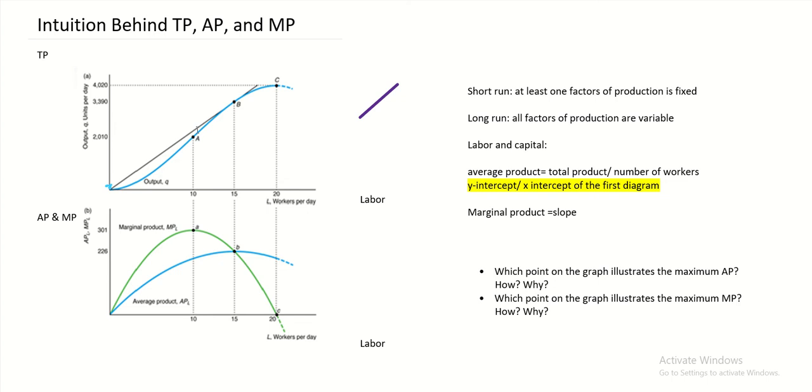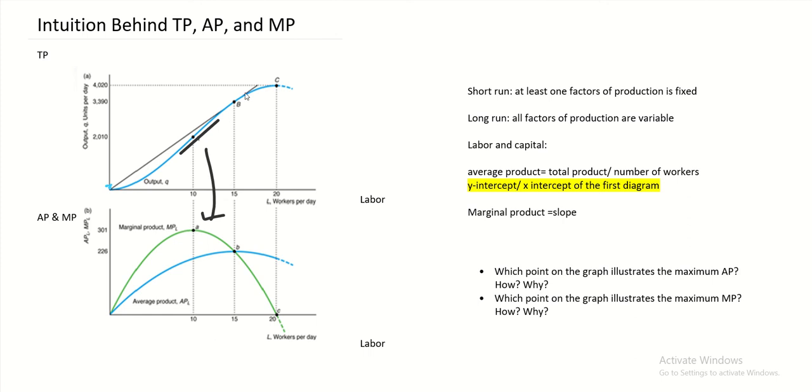So we know that the total product curve will have the highest slope at point A. To illustrate that, we can put a purple line over here showing that these tangent lines will have the biggest slope when it intersects point A. That's the highest point of marginal product, which, if we trace it down here, is exactly point A.